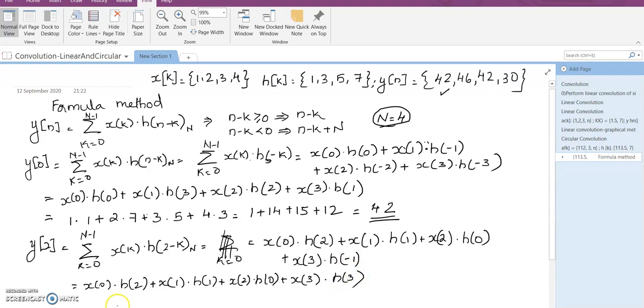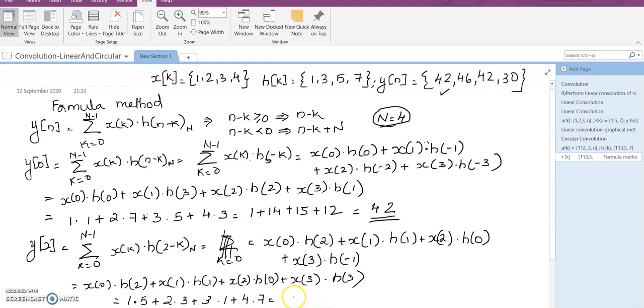So when we substitute the values, x of 0 is 1 and h of 2 is 5, plus x of 1 is 2, h of 1 is 3, x of 2 is 3 and h of 0 is 1, plus x of 3 is 4 and h of 3 is 7.